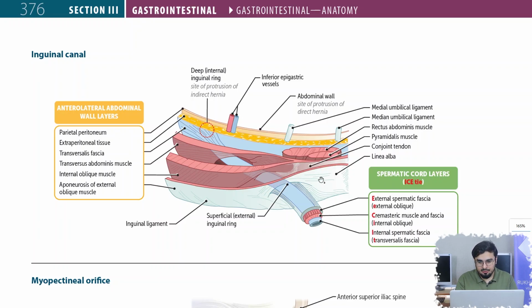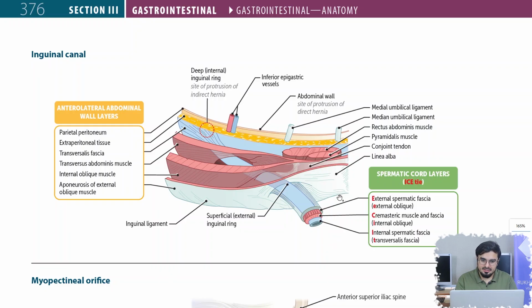Now normally during embryological development, this canal serves as a descending pathway for testicles in cases of male. In cases of female, this allows the round ligament of uterus to pass through it. For USMLE Step 1, just keep in mind that the deep inguinal ring and the superficial inguinal ring are both connected to each other through a canal that's around 4 centimeters long.